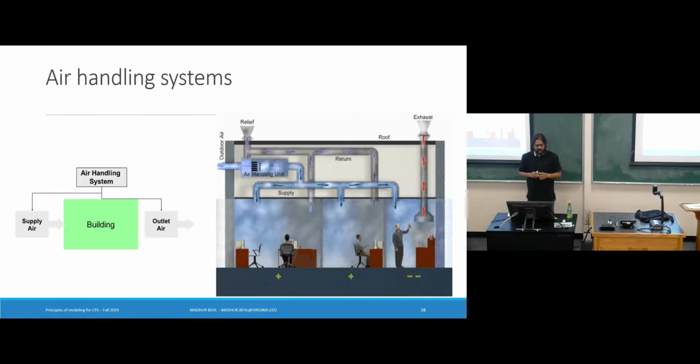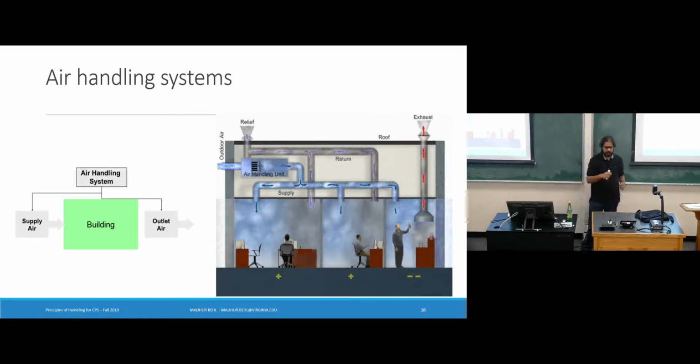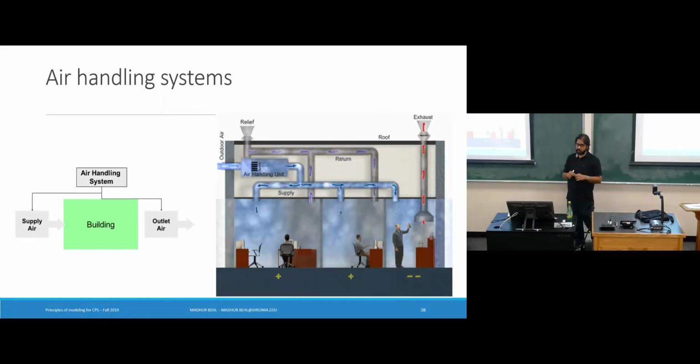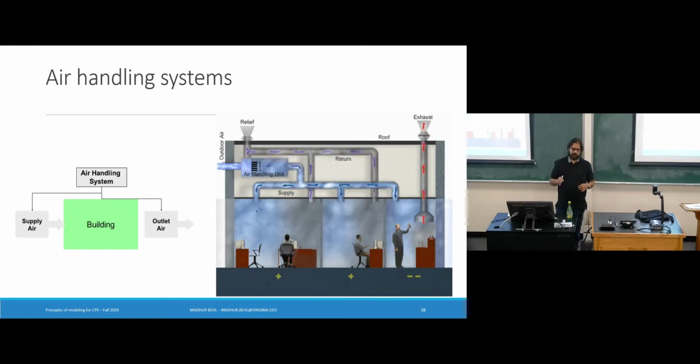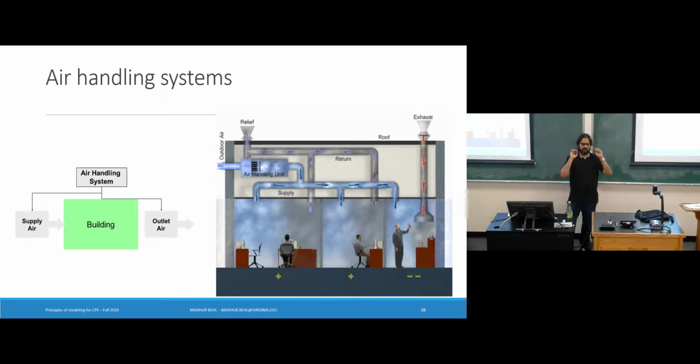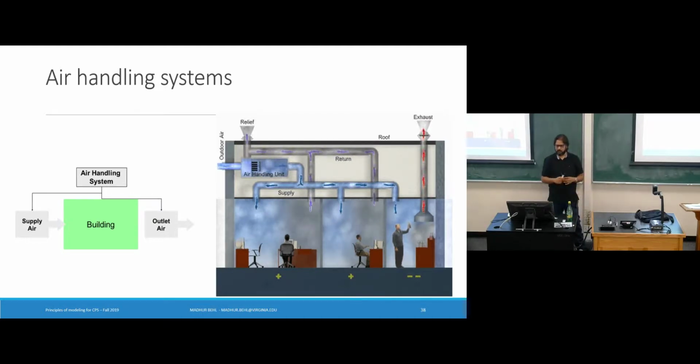At the very basic level, there are many types of HVAC systems. We are going to mostly focus on what are called forced air HVAC systems, where the term forced air comes from the fact that we are literally pushing cool air into the rooms if we are talking about summertime operation and cooling.